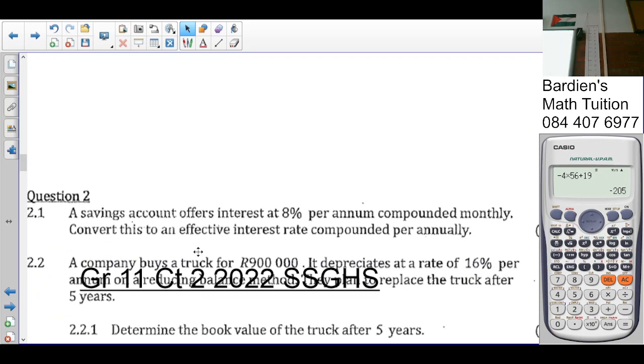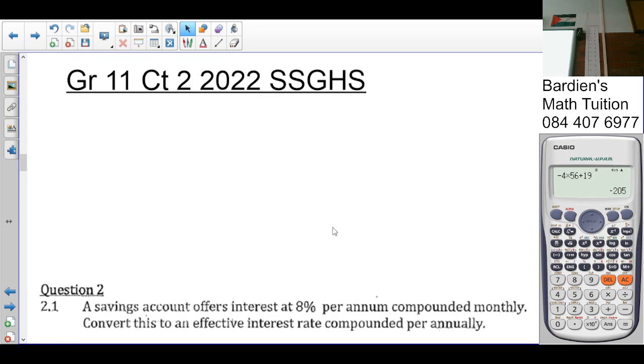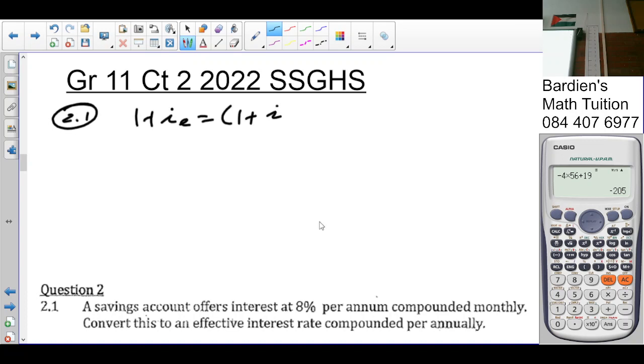Number 2. A savings account offers interest at 8% per annum compounded monthly. Convert this to an effective interest rate compounded annually. So the effective to nominal compounding is 1 plus i effective is equal to 1 plus i to the m over m, to the exponent m.